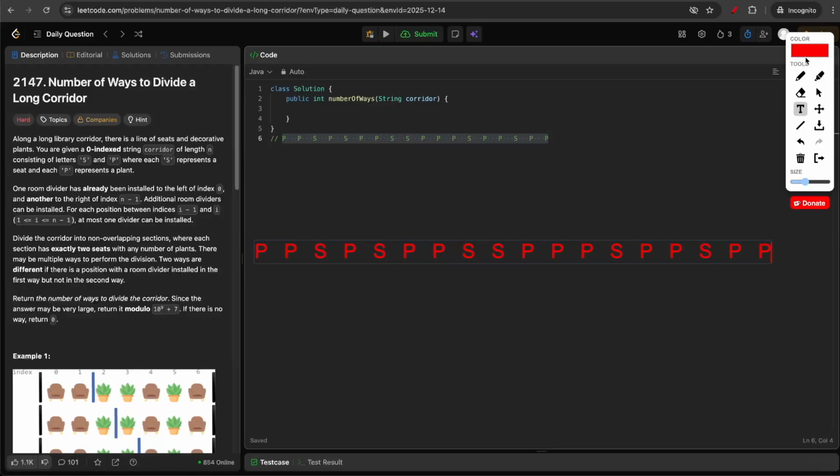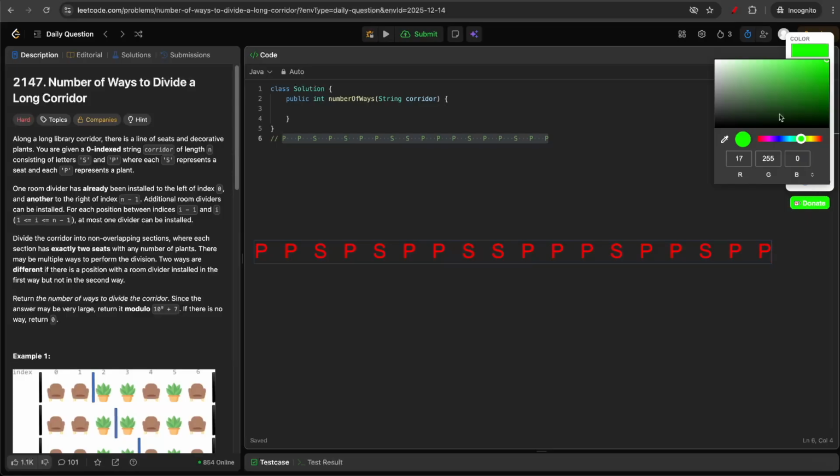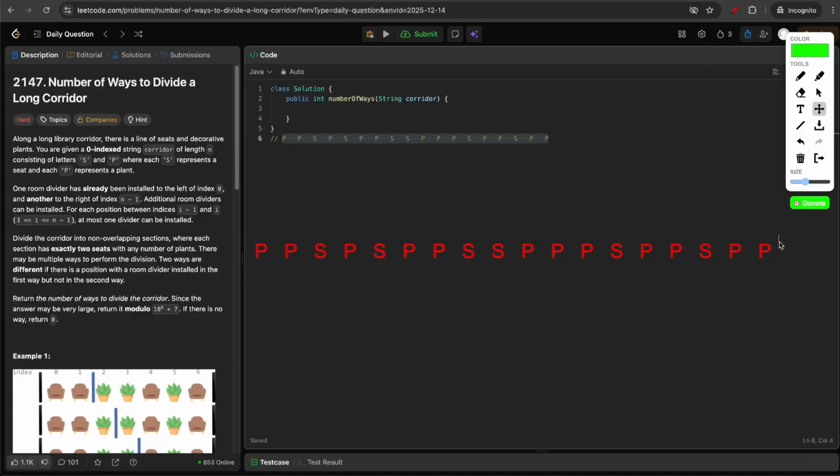Suppose you have this as the corridor, and initially you have a divider at the starting and the ending. And here we can see that the number of seats is 6, which is even. So we can do the division. One thing to note here is, suppose you make a division at this point after the first S. When you do it, the corridor will be split into two parts.